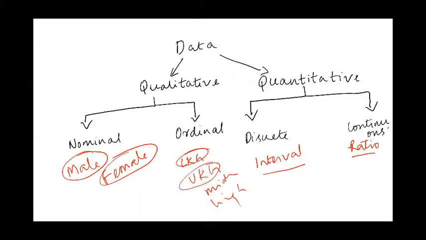The difference between interval and ratio is, in interval, absolute zero is not defined. In ratio, absolute zero is defined. Hence, division of data, Y by X, is possible here. However, Y by X is not possible in interval. However, in both interval and ratio, we know the difference between each consecutive data is equal, which is not the case in qualitative data.